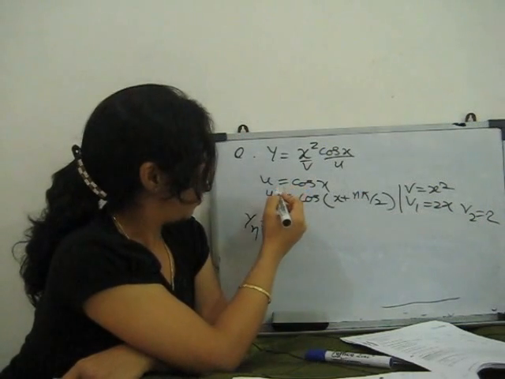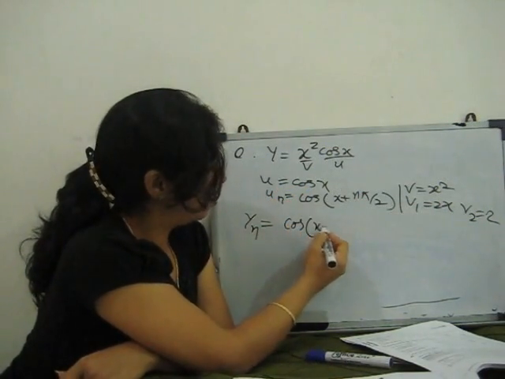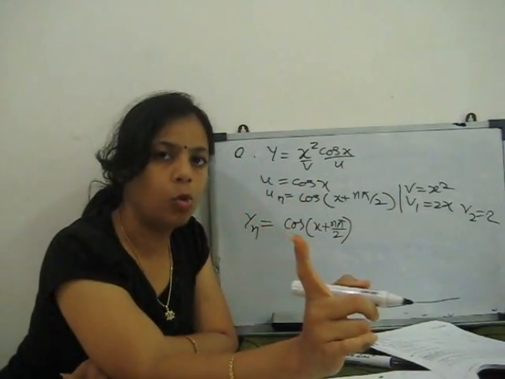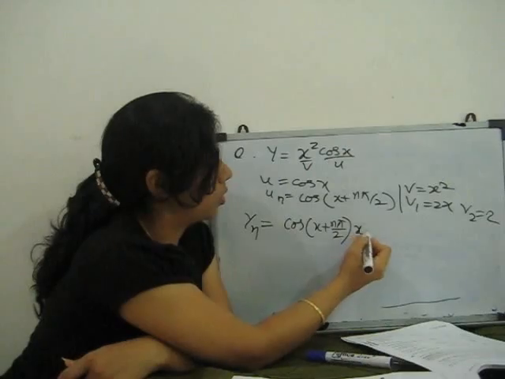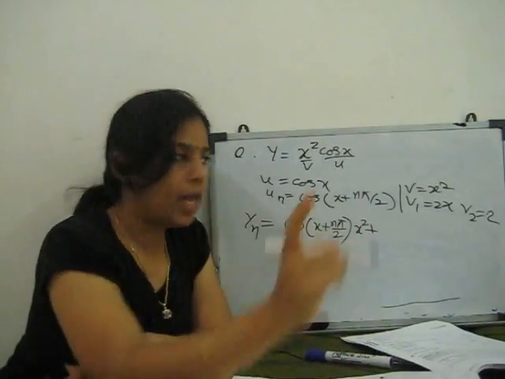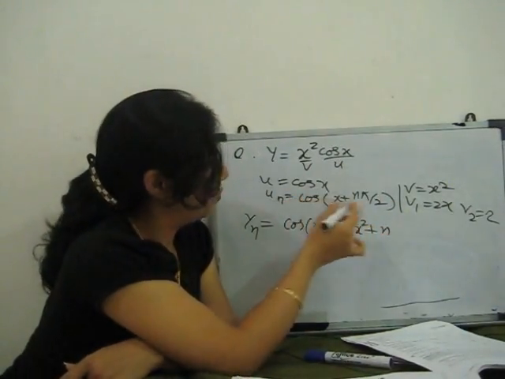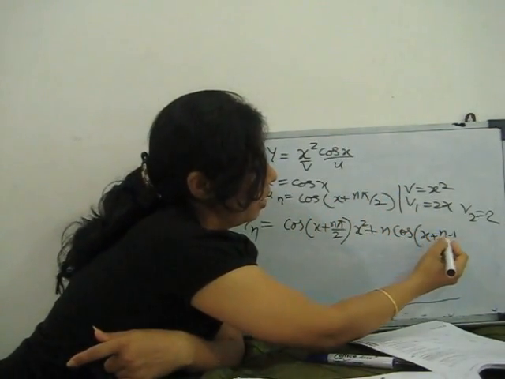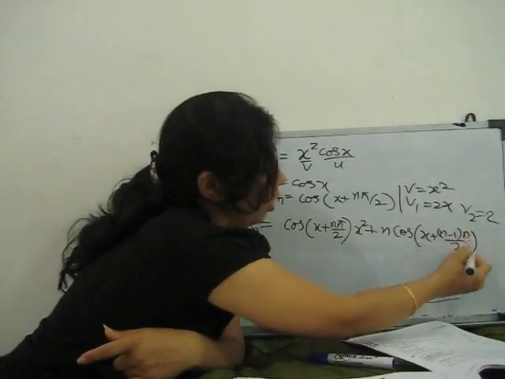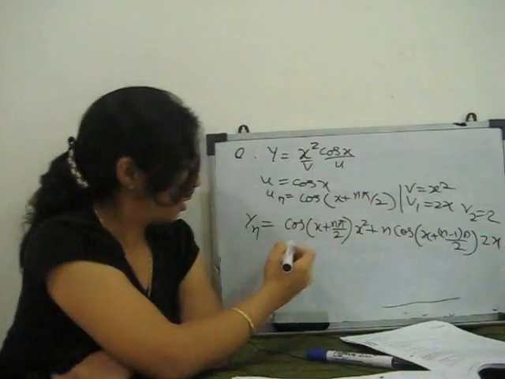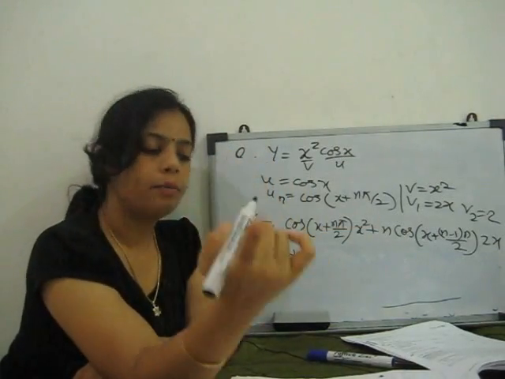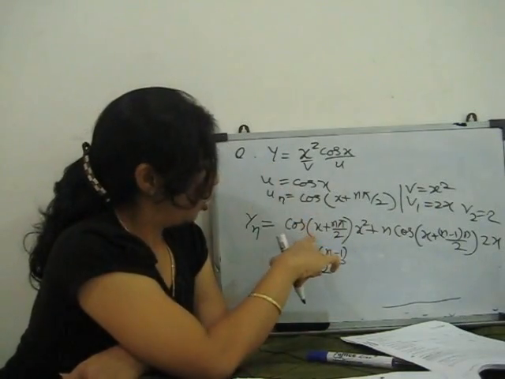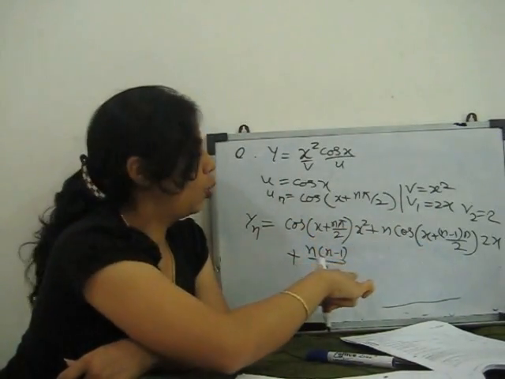So by Leibniz, un is cos of x plus n pi by 2, into v which is x square, plus un minus 1, that is cos of x plus (n minus 1) pi by 2, into v1, which is 2x, plus n(n minus 1) by 2 into un minus 2 and v2.